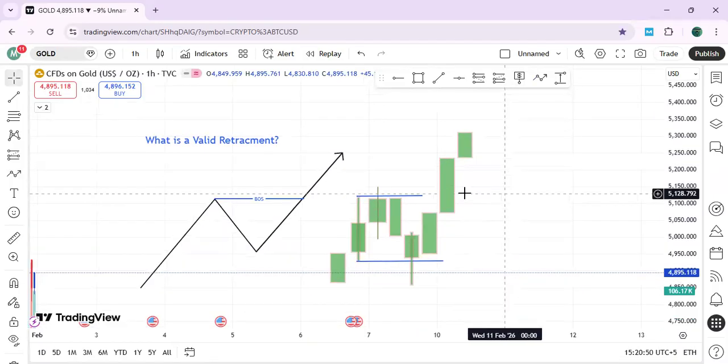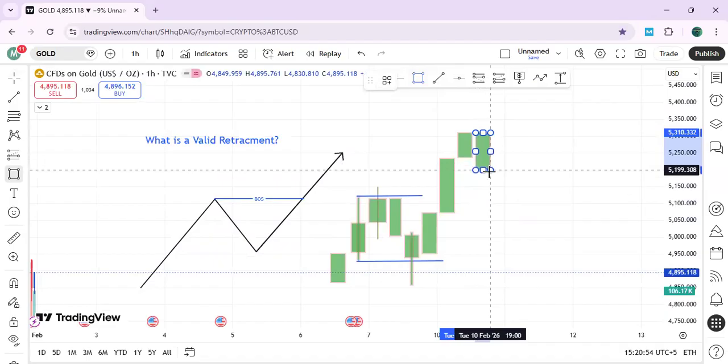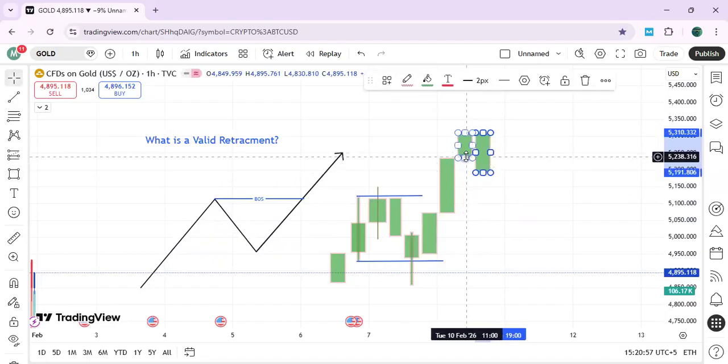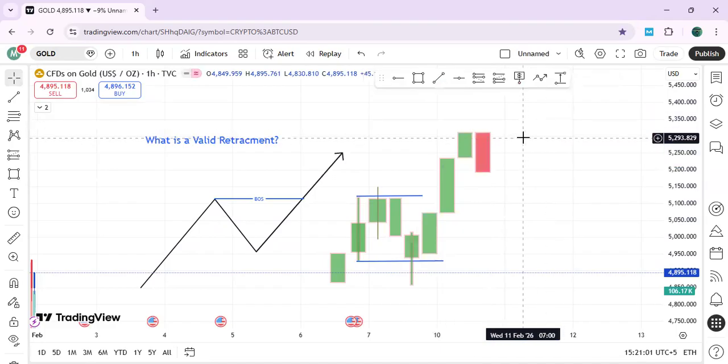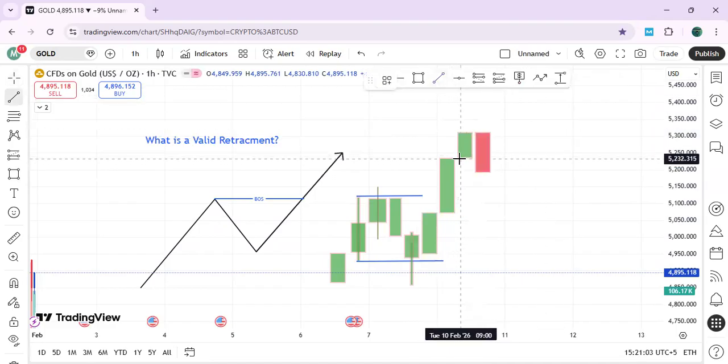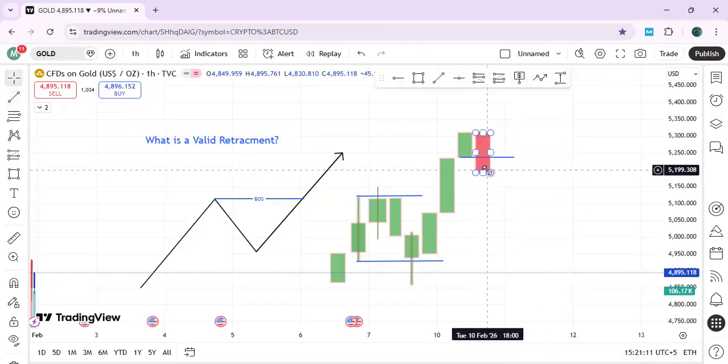Got it? Once the market gives us a breakout below the low point of the independent bar in that way, I will change the color here. Just see, this one is our independent bar, and the complete body of the candle closes below this one. So we will say this one is our valid retracement.